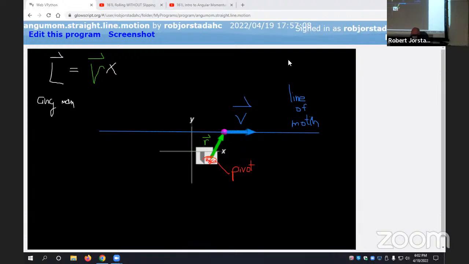Now, when I say momentum, I mean linear momentum. So I might write that another way. It's a cross product between this weird R vector and mass times velocity. That's the angular momentum of a particle.